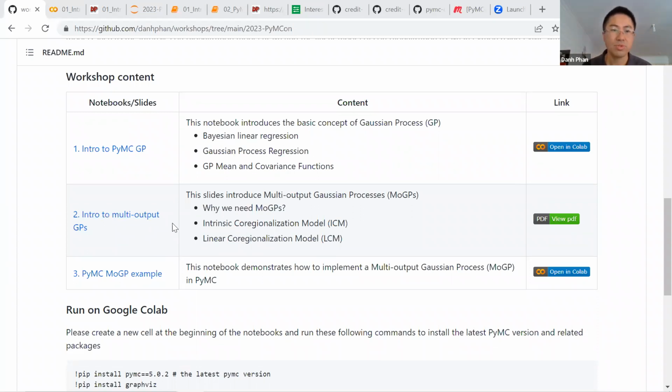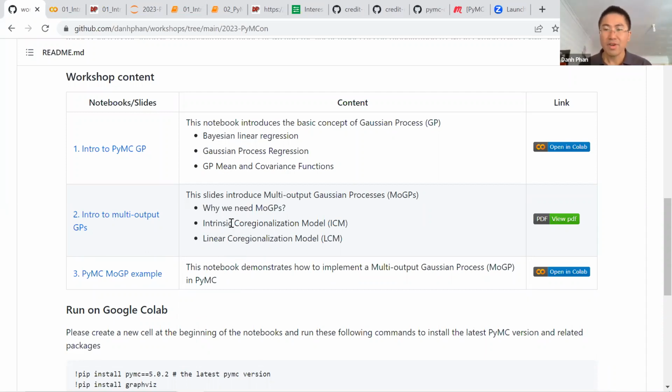From that, we will move to more concepts in multi-output Gaussian processes, including the reason why we need to use multi-output Gaussian processes and a couple of models like the Intrinsic Coregionalization Model, ICM, or the Linear Coregionalization Model, LCM. And then we will have some examples of how to implement it in PyMC at the end.